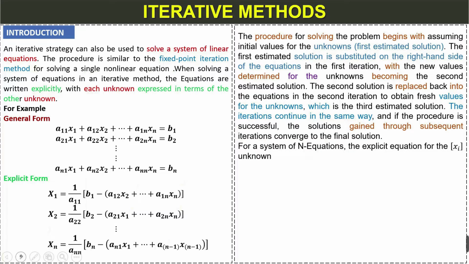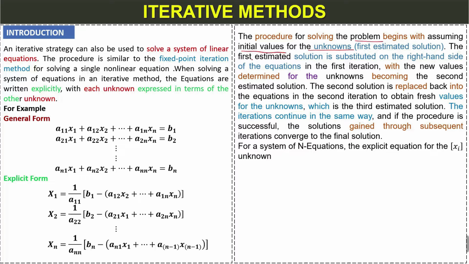The procedure for solving the system begins with assuming initial values for the unknowns. It means when we start solving the system of equations, first we take an estimated solution, or the initial values, or initial guess.